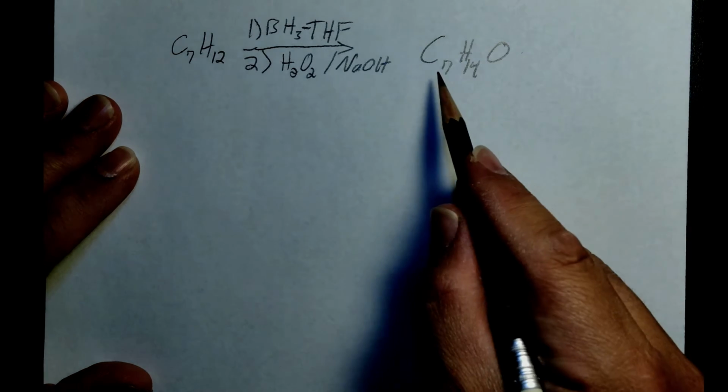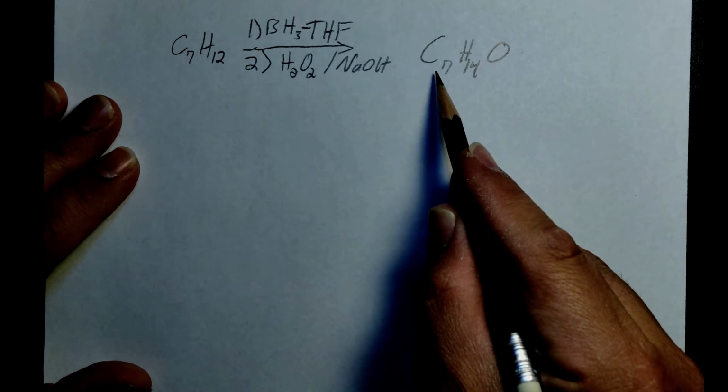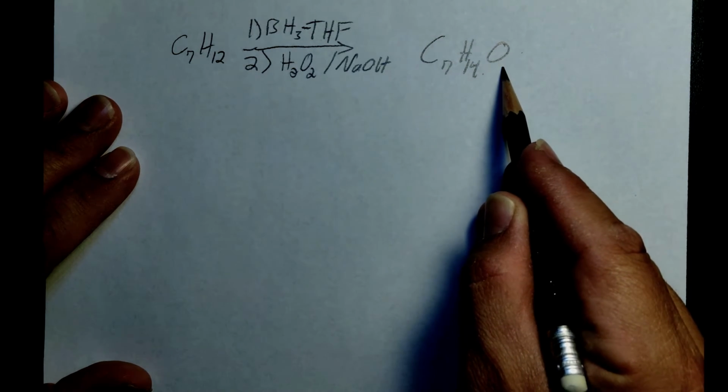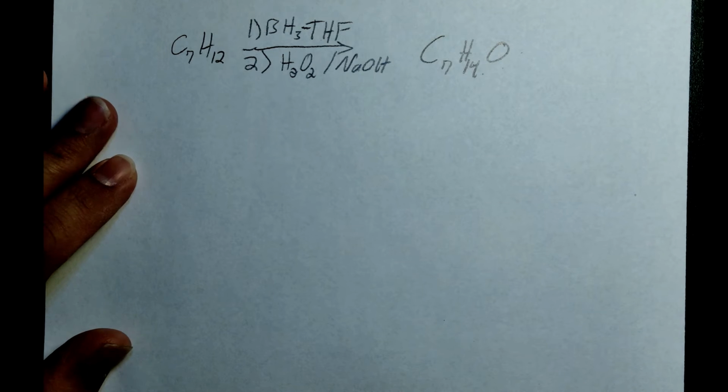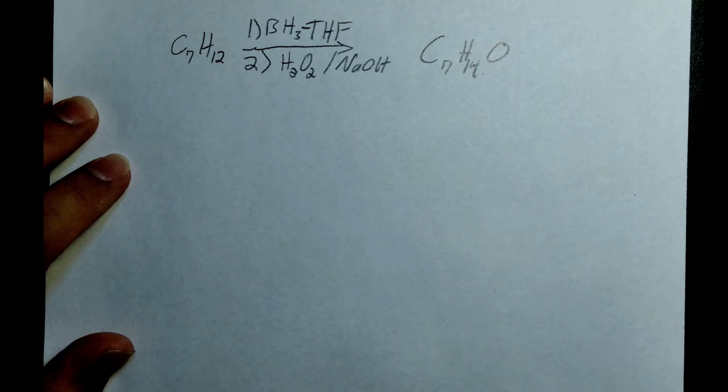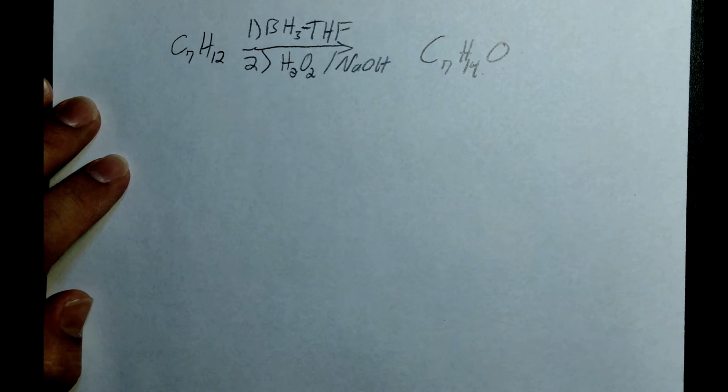And when it does that, it transforms into a new molecule, C7H14O. This should be clear to you from what we learned back in Chapter 8 of OChem 1.